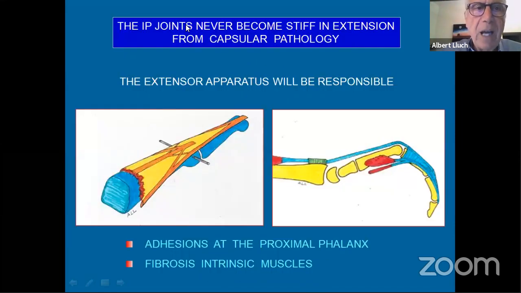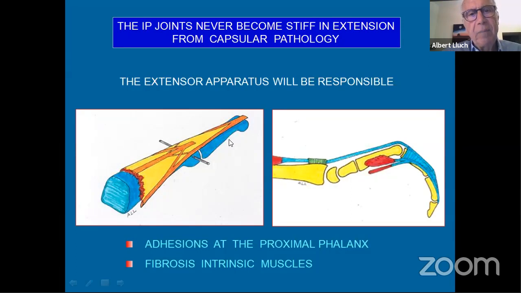So the PIP joints never become stiff in extension from a capsular pathology, never, because the capsule is very thin, the extensor tendon is mobile, and it will never become stiff in extension. So you should never be afraid to immobilize the joint in full extension.